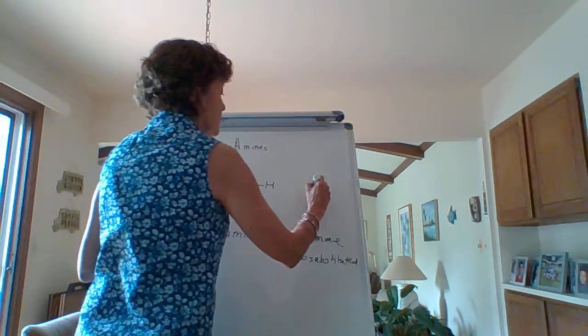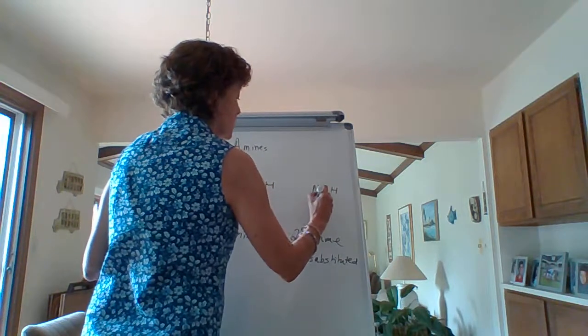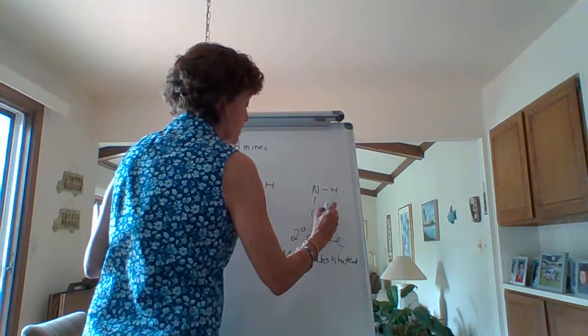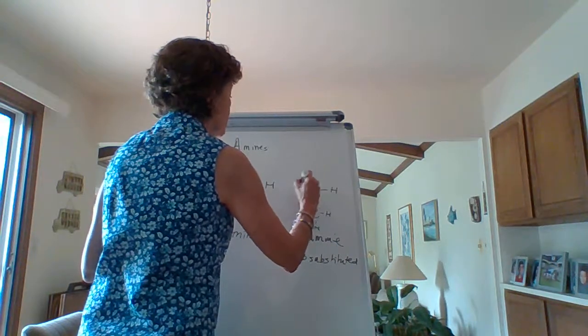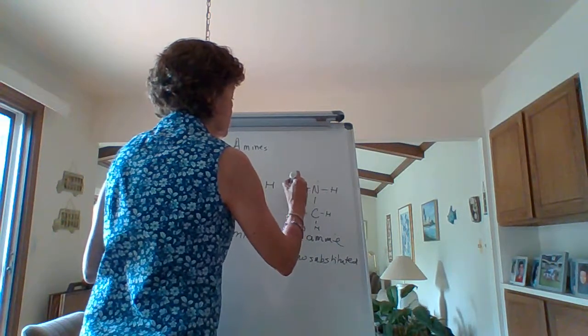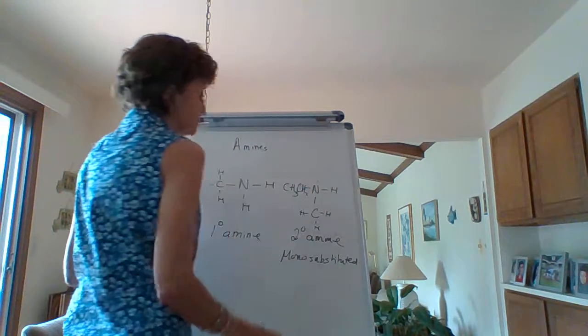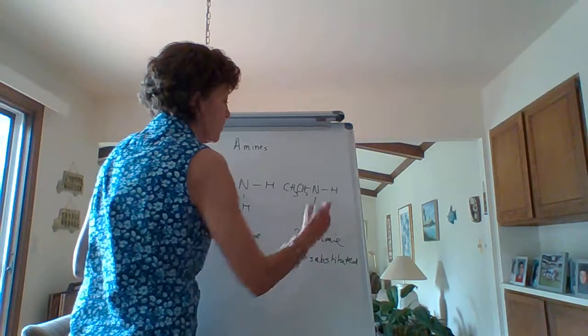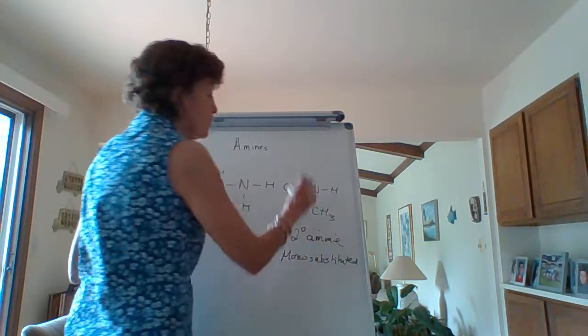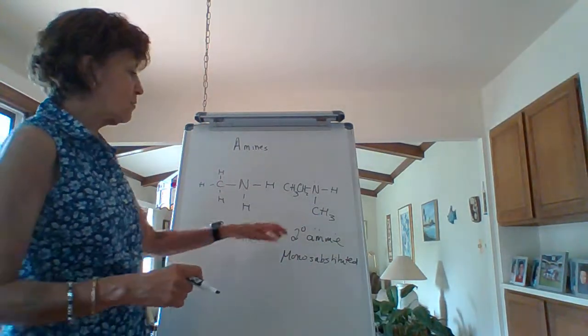So let's take this hydrogen. I'm going to put a carbon here. And then this one, let's say I'll have 2 carbons. Okay, let me be consistent since I'm kind of condensing it. Let's just go ahead and do this. Okay, so this is an example of a secondary amine.